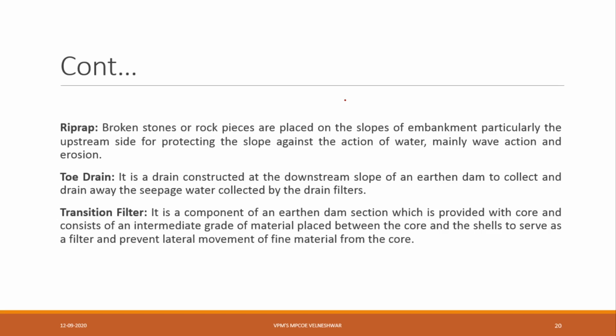Lateral movement means from downward to upward, like this. See here, for suppose force occurred exactly here, the movement will go from this location to the top location. To control this type of movement, we are using the transition filter here.